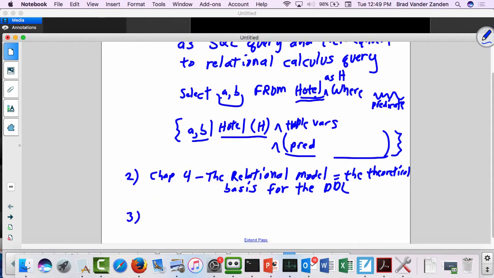And it is the relational calculus, not the relational algebra, that is the theoretical basis for the DML.